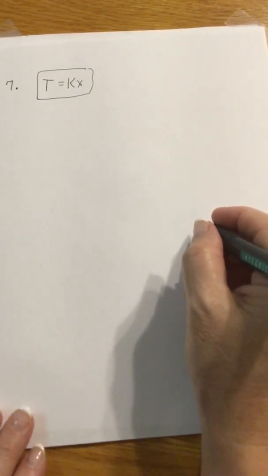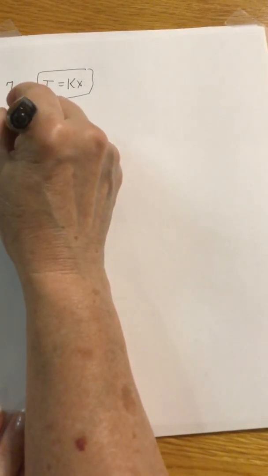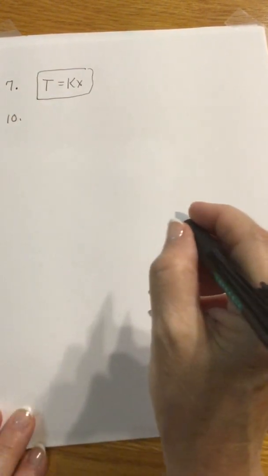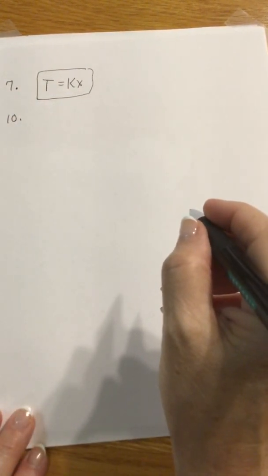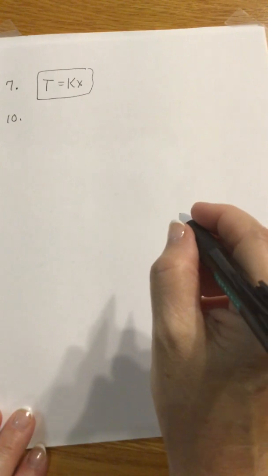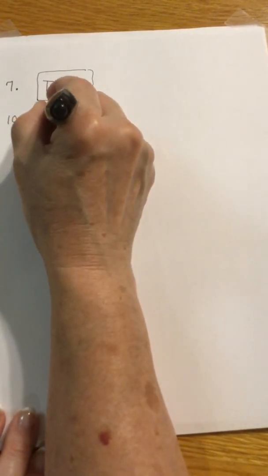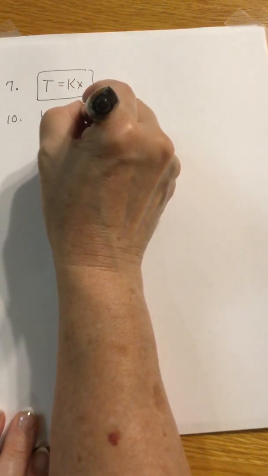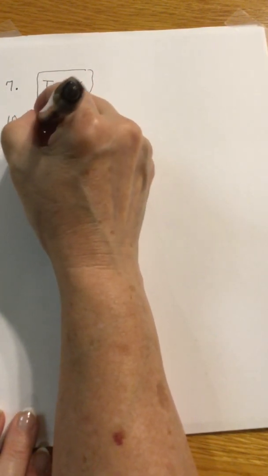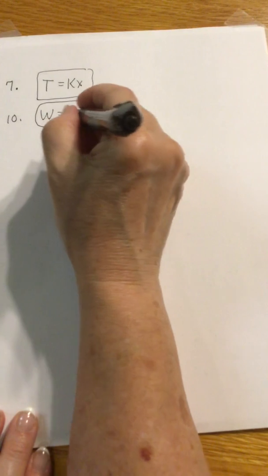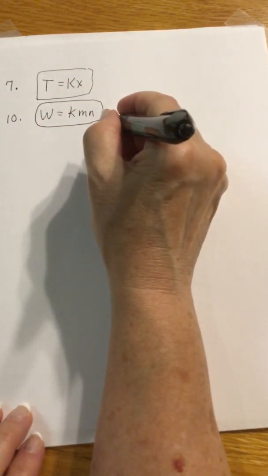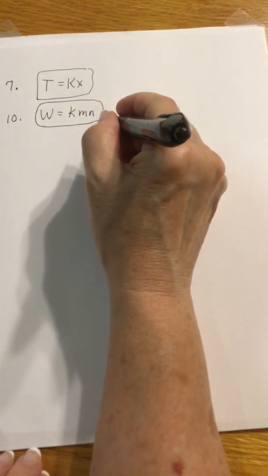The second we're going to do is number 10. Number 10 says W is proportional to the product of M and N. So W equals K M N. That's one of those jointly ones, right? Doesn't go on the bottom because it doesn't say inversely.